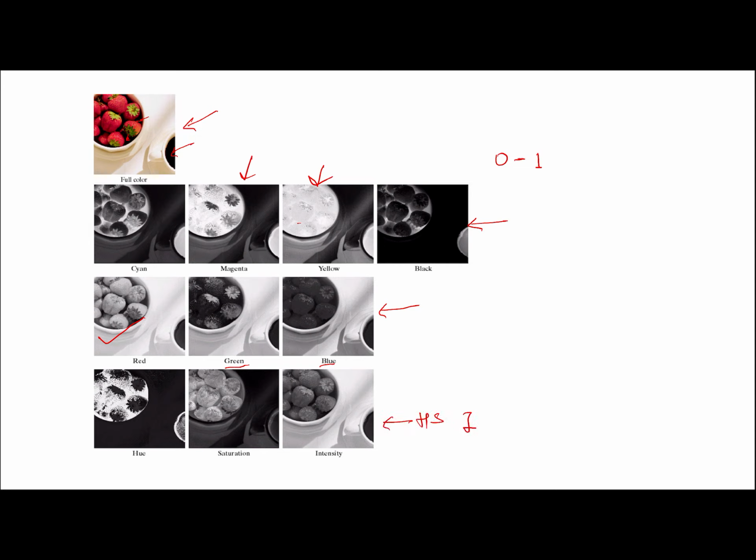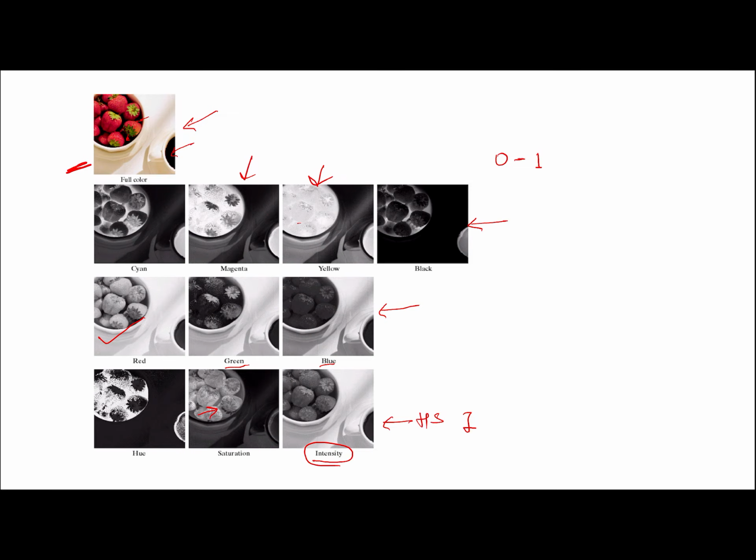The last row shows the HSI components, and as expected, the intensity component is the grayscale representation of this color image. The saturation is also as expected. The strawberries are relatively pure in color. There is less white light in them. As a result, they show the highest saturation values in the image.